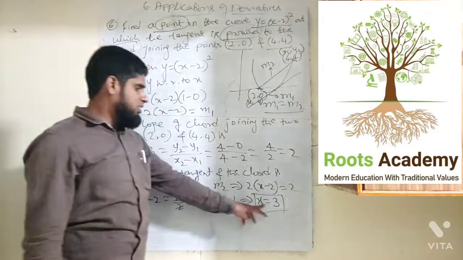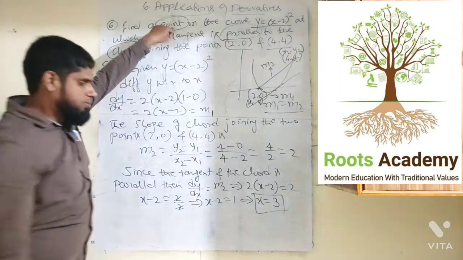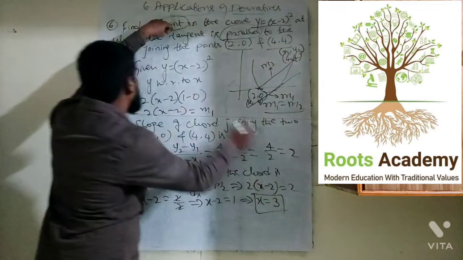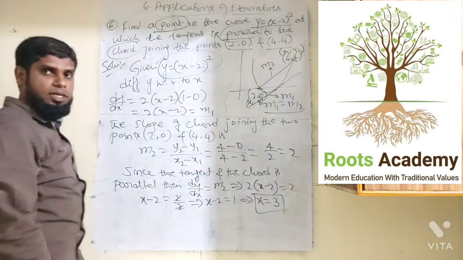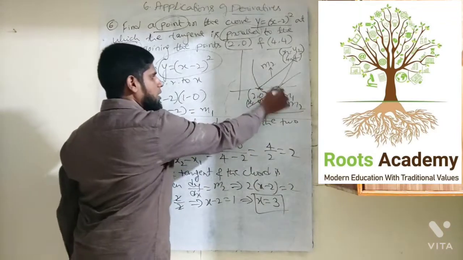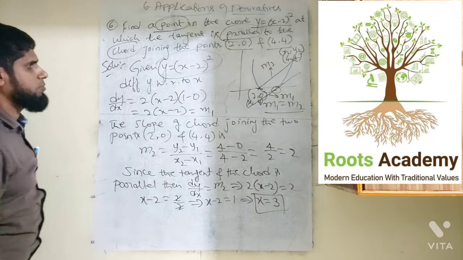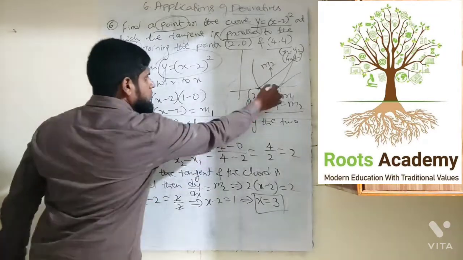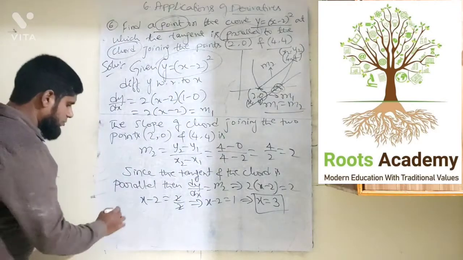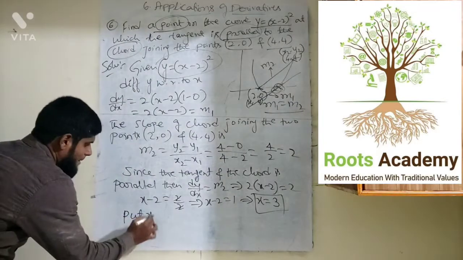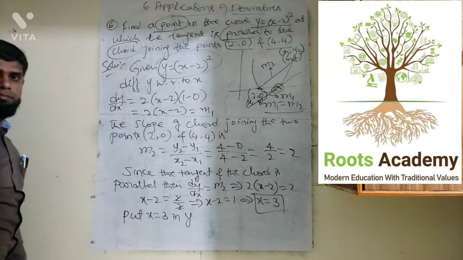So the value of x is 3 here, and we are asked to find a point. So let me substitute this x is equal to 3 in the given curve, because it is asking us to find the point on the curve. Put x is equal to 3 in y.